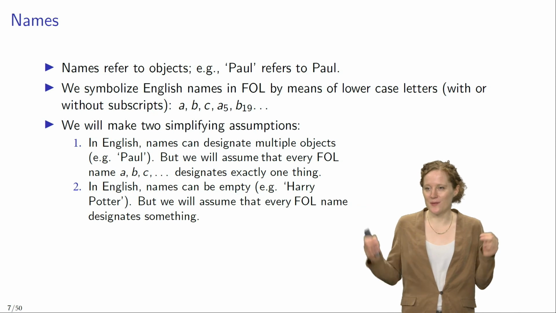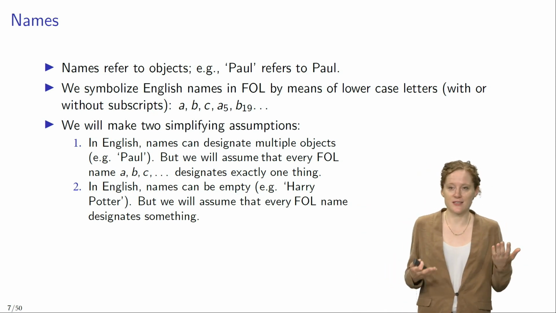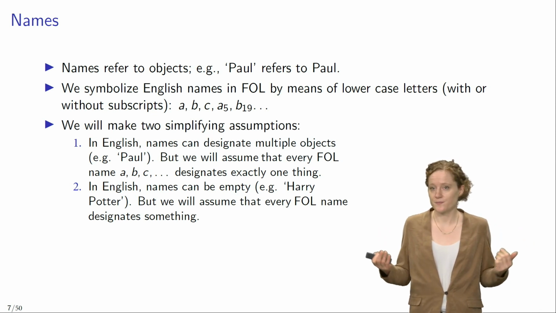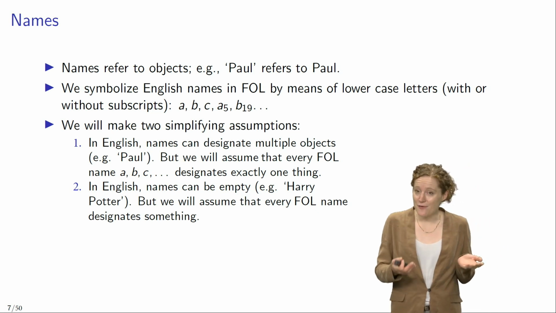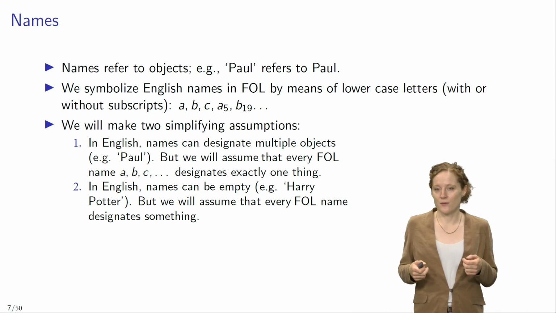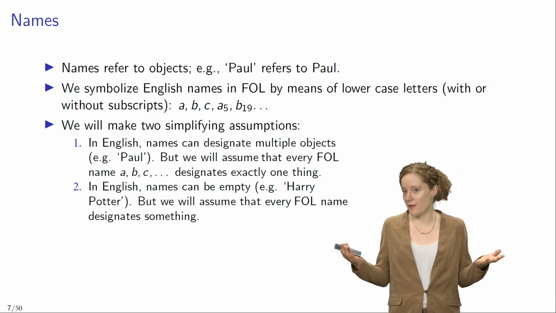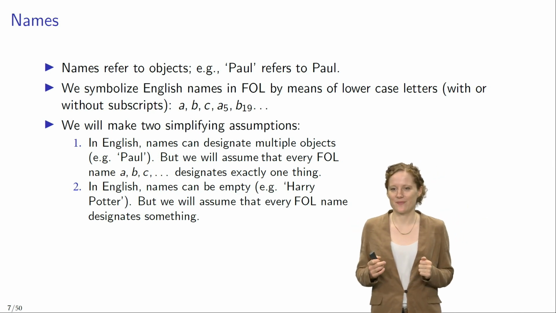So the name Paul may refer to more than one person, and you may need to consider the context to find out which Paul is being referred to. Now in FOL, we will assume that every name designates exactly one thing. So we will rule out that, say, the name a refers to more than one thing. That's our first simplifying assumption.